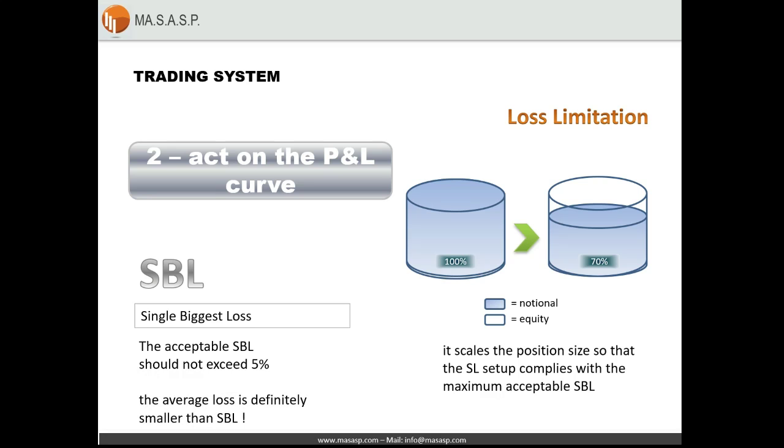The single biggest loss is the maximum loss recorded on a single trade. It's a historical value. It is much bigger in absolute value than the average loss. Instead, the maximum acceptable single biggest loss is the maximum loss that we deem feasible on a single trade.